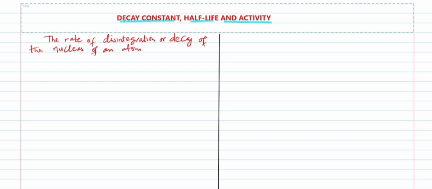So in radioactivity, the rate of disintegration or decay of the nucleus of an atom is proportional to the number of atoms present.